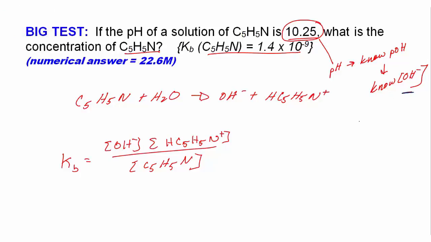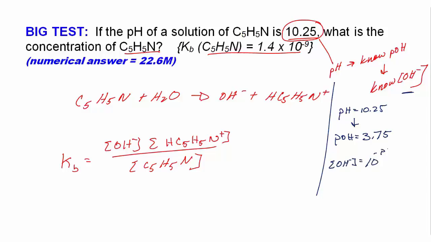So let's get it. If the pH is 10.25, the pOH is what? Subtract from 14. 14 minus 10.25 is about 3.75. So then my hydroxide concentration, remember, is just going to be 10 to the negative pOH.